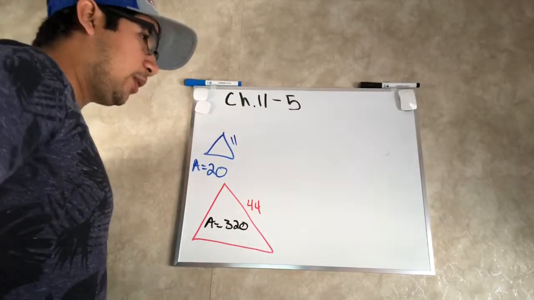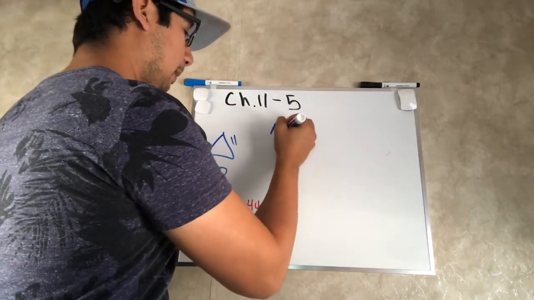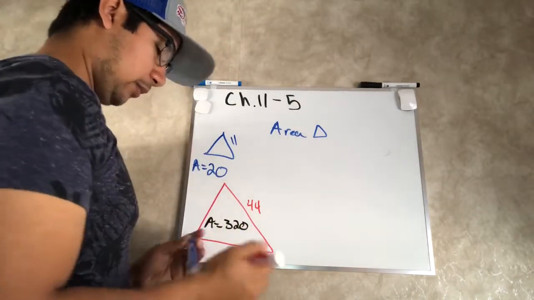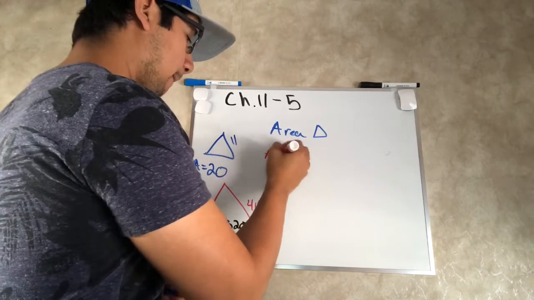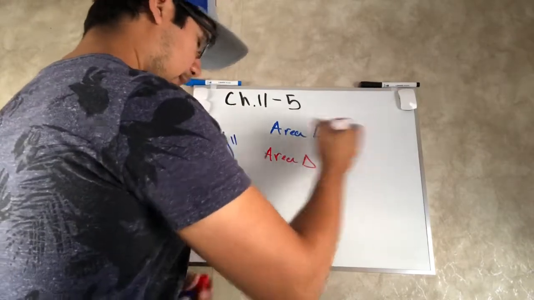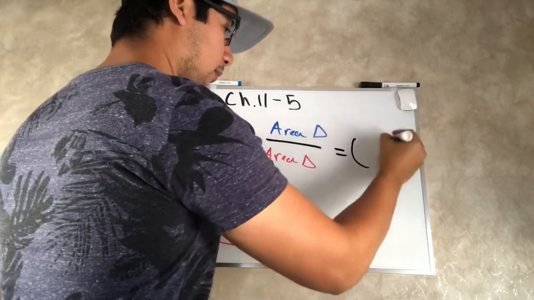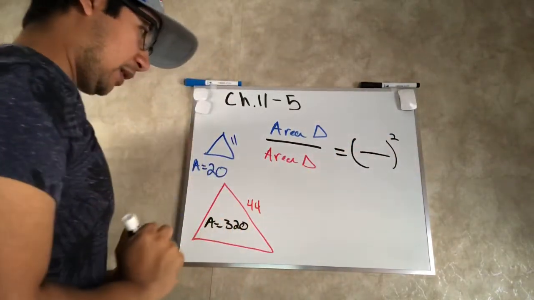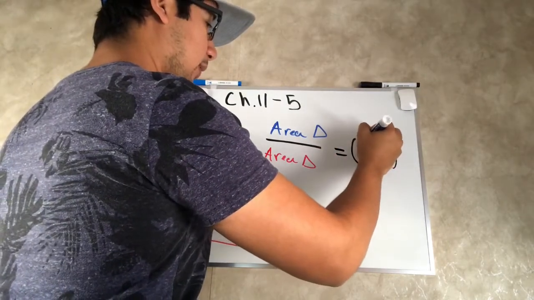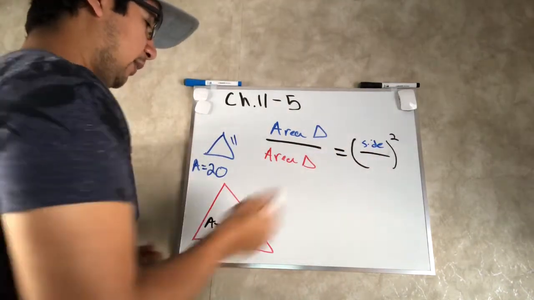And the formula was the area of the blue triangle over the area of the red triangle is equal to one of the sides of the blue triangle over one of the sides of the red triangle.